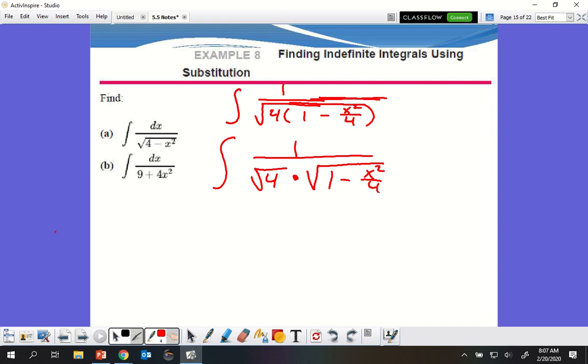All I did is I separated those because I factored out a 4, and now I have the square root of 4 right there.